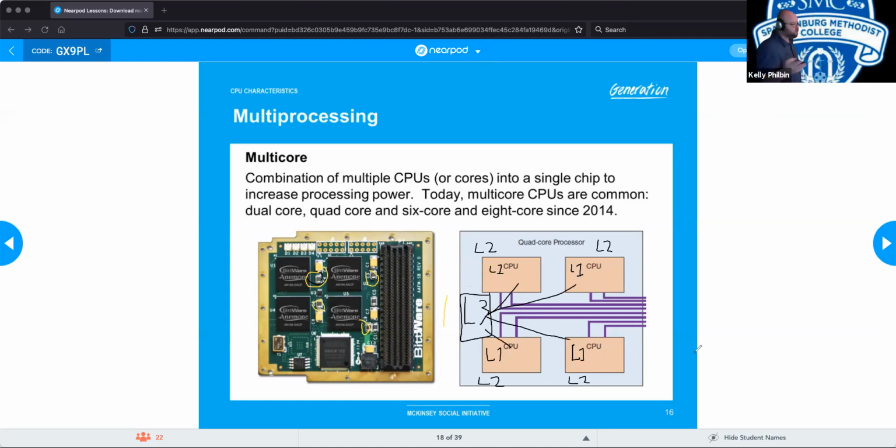So you have 4 cores. The level 3 cache is shared by all 4 cores. Of the 3, it is the least expensive, but also offers the most storage, and it is the slowest of the 3. And this is all held within the processor itself.